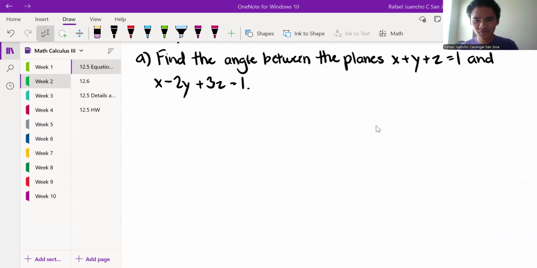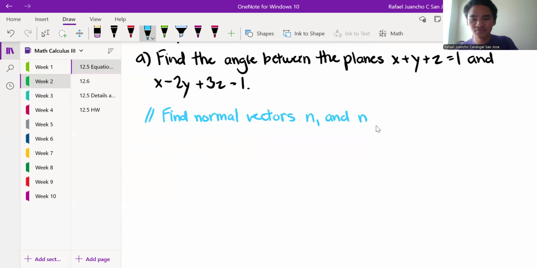So the first thing that we want to do, I'm not even going to try doing the textbook. Let's try doing this our way. If it doesn't work, I'm going to look at the textbook. We want to find the normal vectors, and let's just call them n1 and n2. How do we do that?